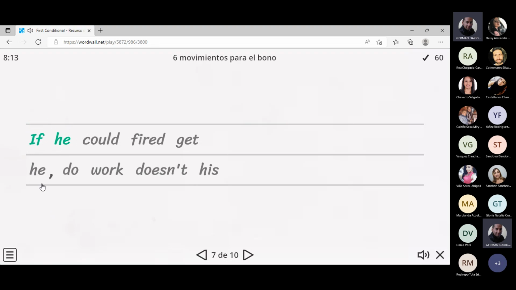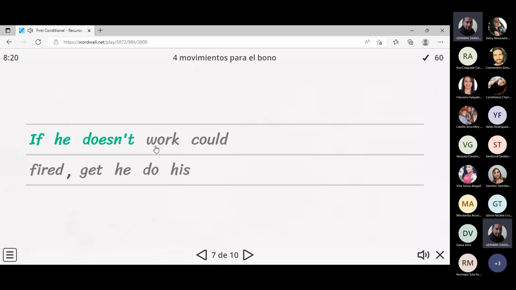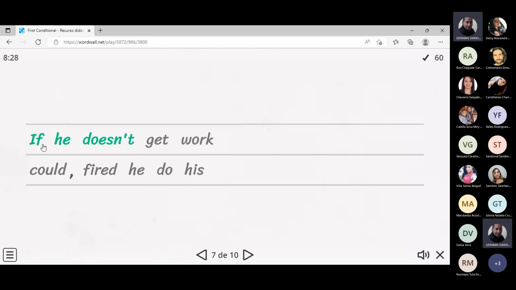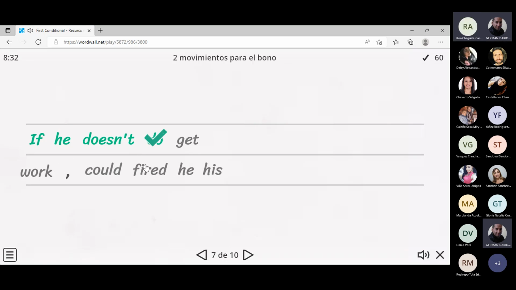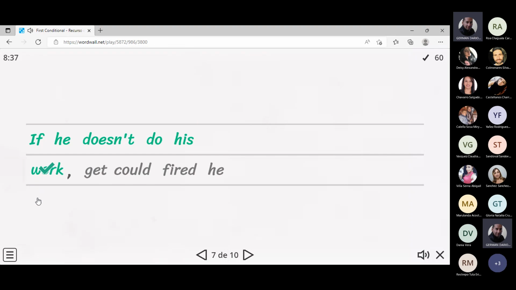If he works, no, because the does. If he doesn't, pues si no works, el otro verbo, ¿cierto? Entonces tampoco es. If he doesn't do his work. Yes, very good. Que si no hace su trabajo. Uy, mire, es que nos salió un condicional. Zero conditional. He could get fired.